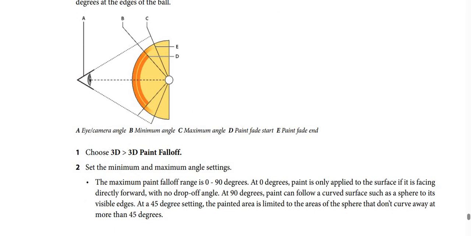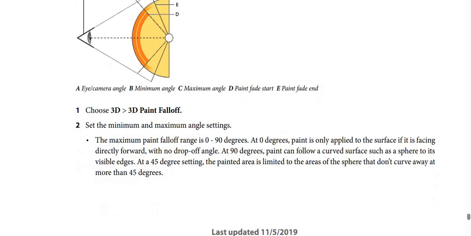We have steps. Step number 1. You should choose 3D firstly, then select 3D paint fall off. Step number 2. Set the minimum and maximum angle settings. The maximum paint fall off range is 0 to 90 degrees. At 0 degrees, paint is only applied to the surface if it is facing directly forward, with no drop off angle.